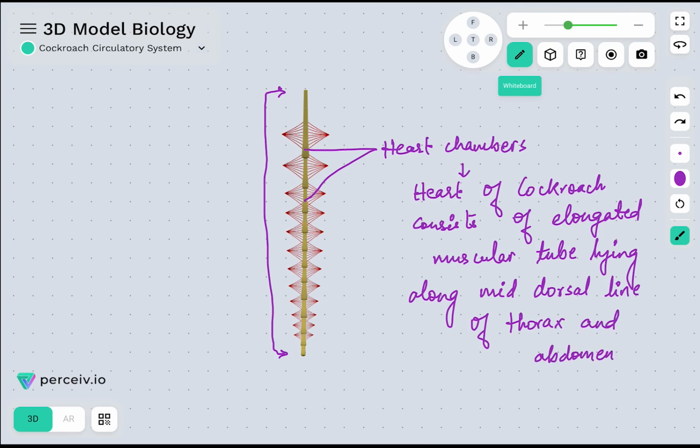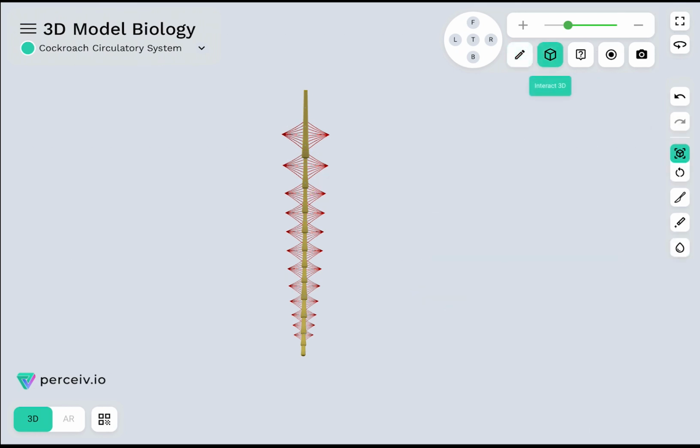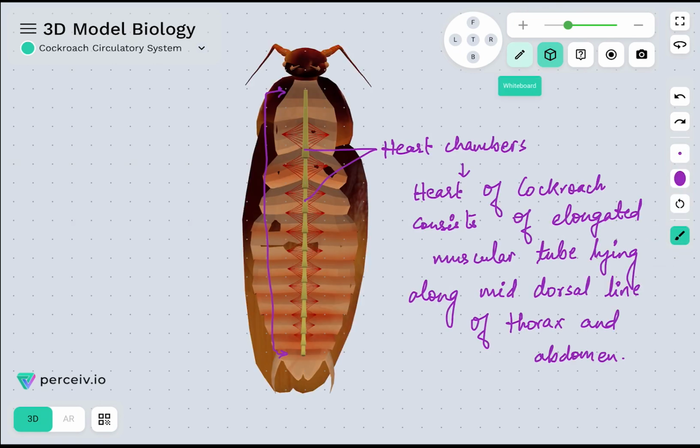So if I bring back the model now, this part, you can see that the elongated muscular tube-like structures are the heart chambers. And what is the position of the heart?